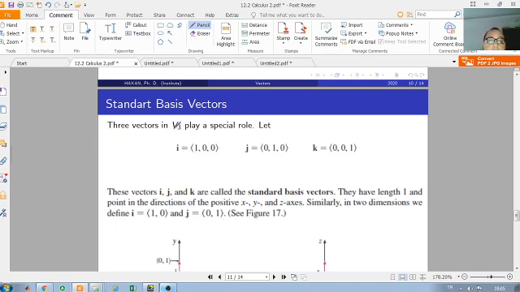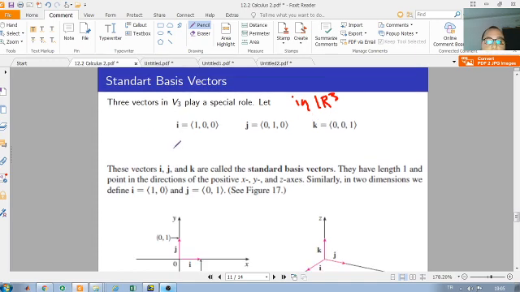So in the 3-dimensional coordinate system, in R cubed, we have 3 special vectors which play a special role in applied science, in mathematics, and in useful concepts.